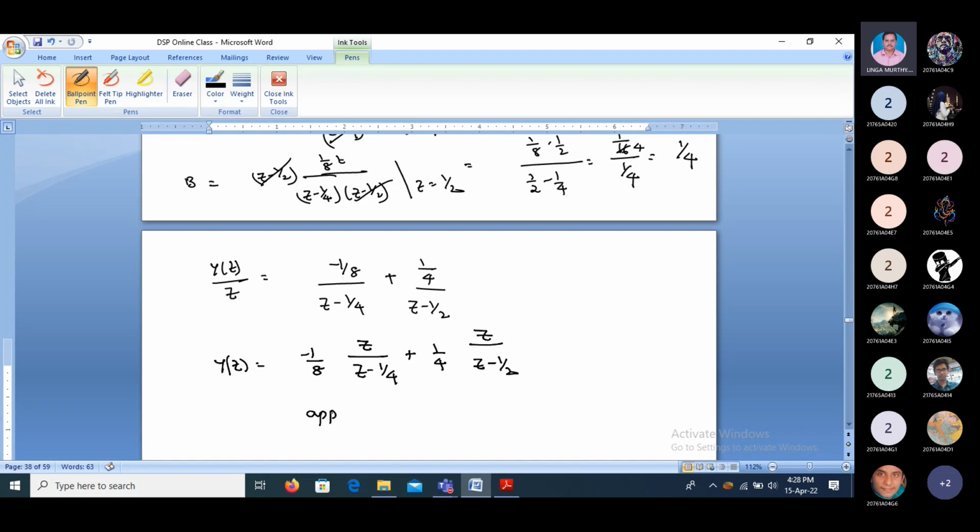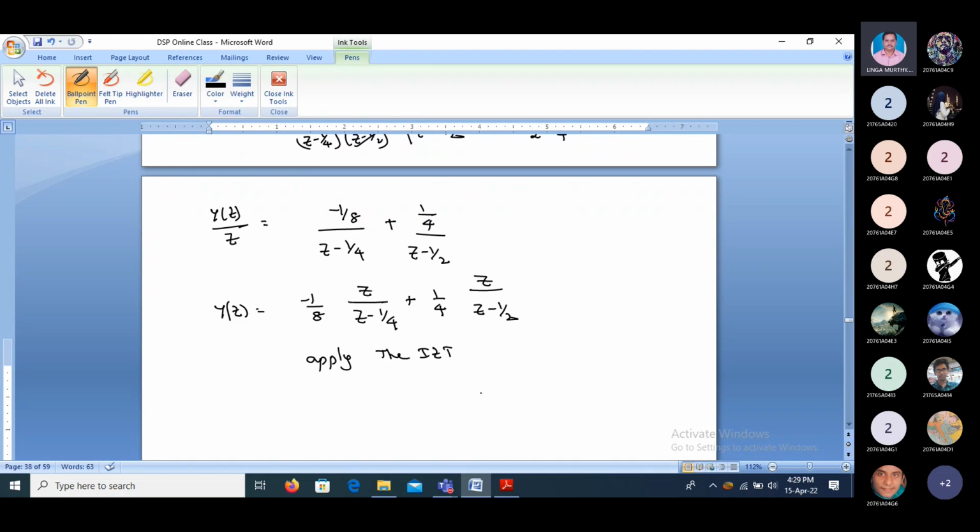Now we can apply the inverse z-transformation. After applying the partial fractions, apply the inverse z-transformation here.